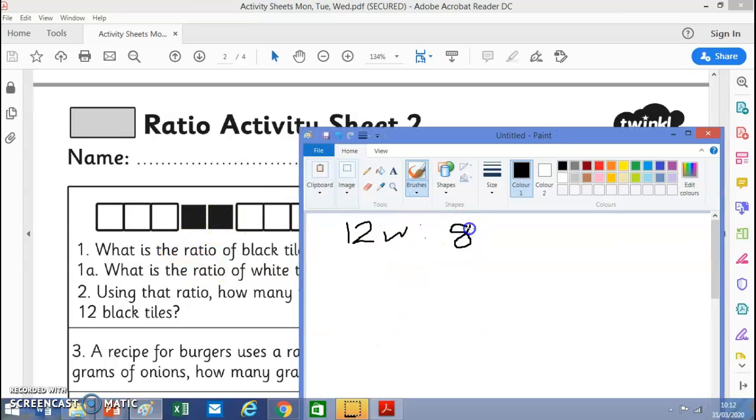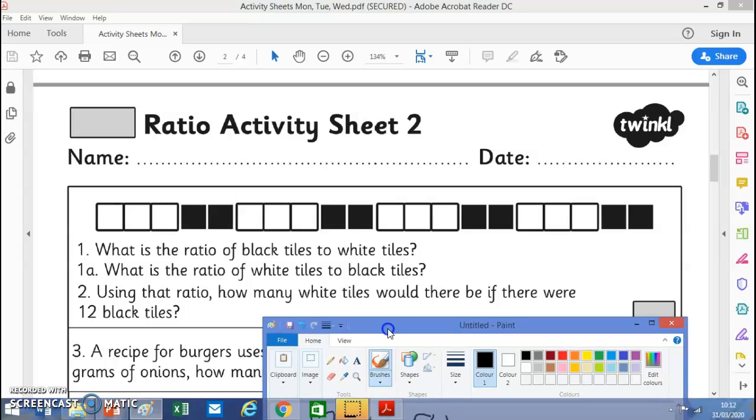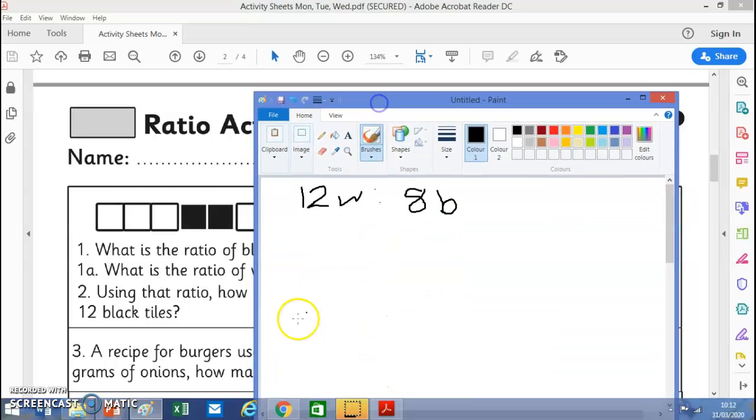So 12 white, 8 black. I'm just going to put that there to help me. And it's asking how many white tiles there would be if there were 12 black. Well, if this number was 12, how many white would there be? Now I can see that there is no relation between the numbers 12 and 8.